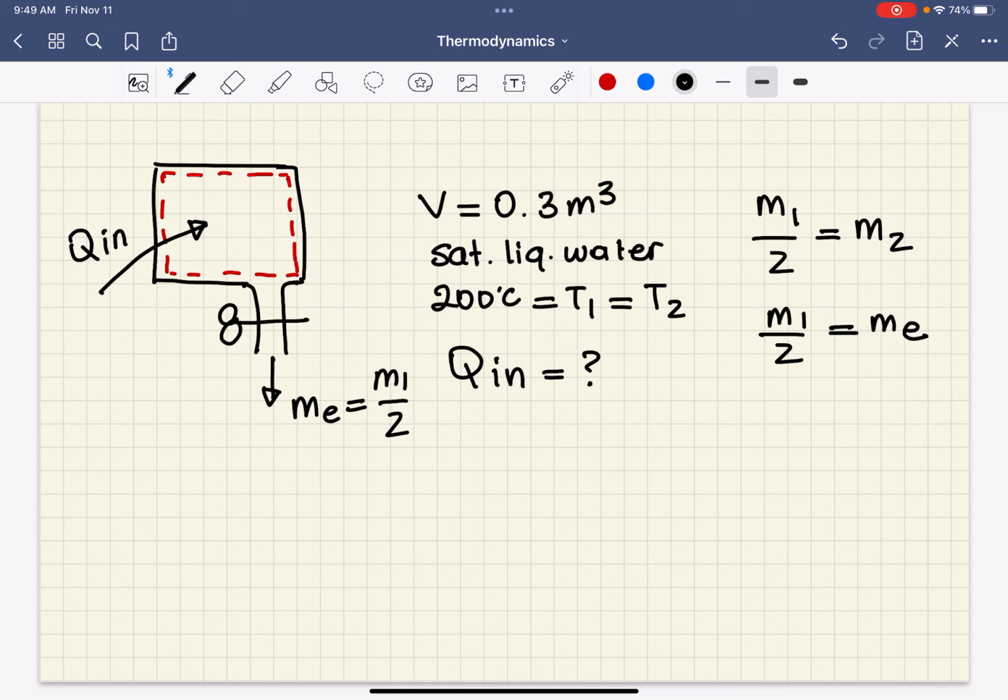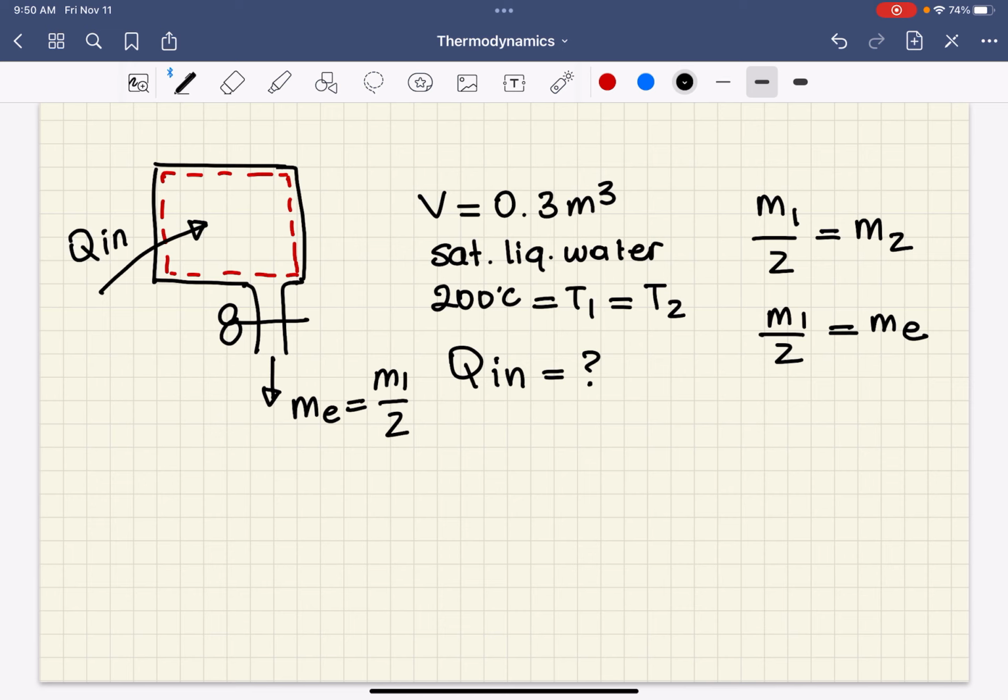Since with time the mass inside the system is changing, this is an unsteady flow device, because as the mass is exiting, the mass inside the system is lowering. That means we are dealing with an unsteady flow device, because with time the mass is changing.